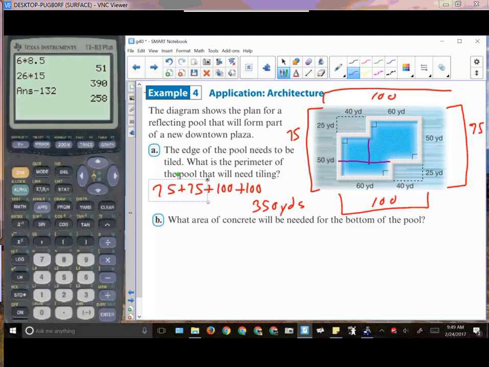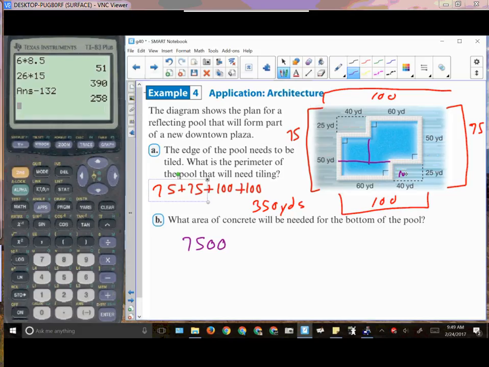Since we know what the dimensions are on the big side, which is going to be 75 times 100, right? So that would be 7500. We know that we've got 40 times 25, and 40 times 25 is going to be what? 1,000, right?